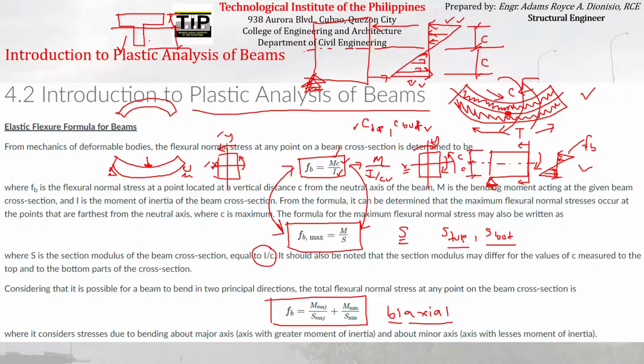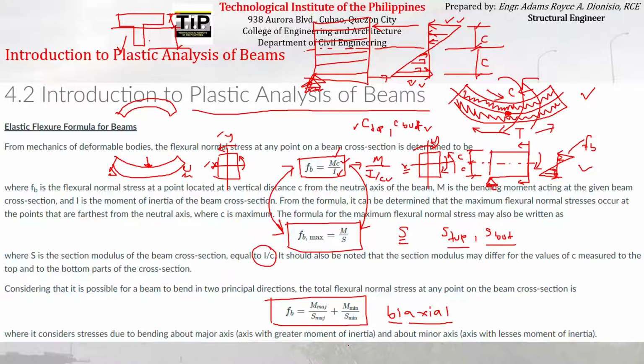So, nag-iba na yung formula because the stresses that the fibers experience on every portion here of the structural element or the beam, yung mga stresses na nararamdaman niya diyan at each portion, it's already a combination of the stress due to the bending about the x-axis as well as the bending about sa y-axis, or bending about the major or minor or major and minor axis.